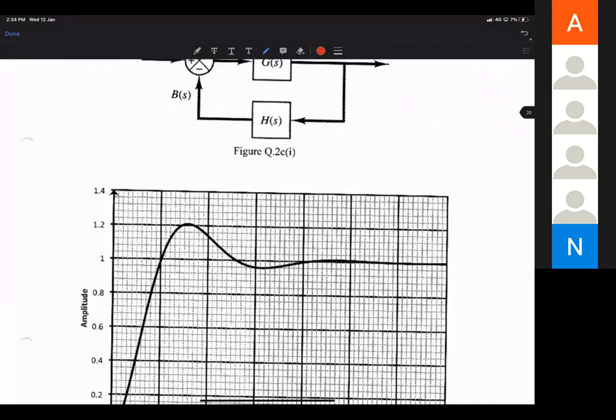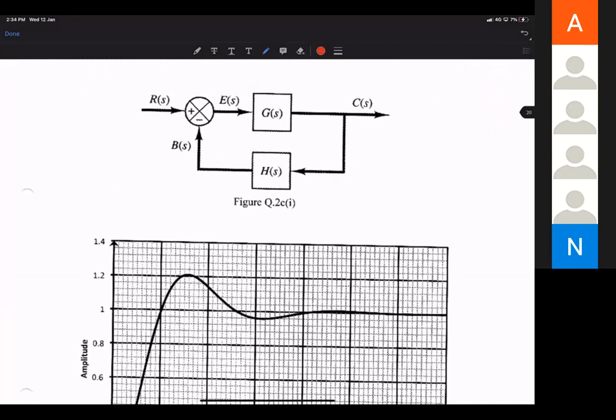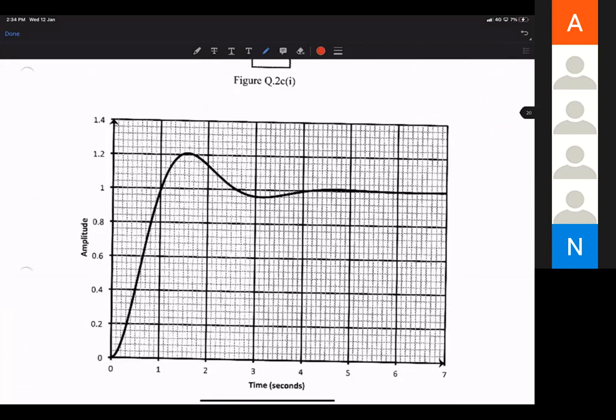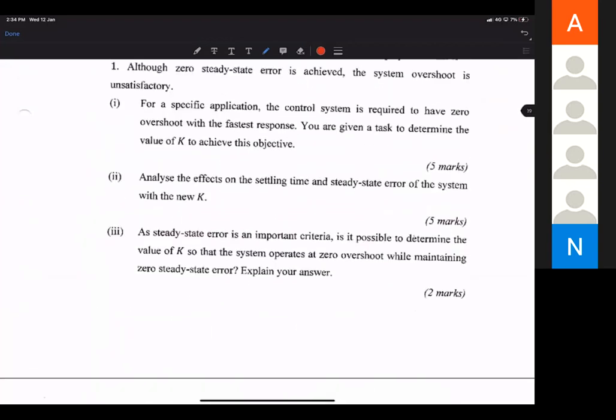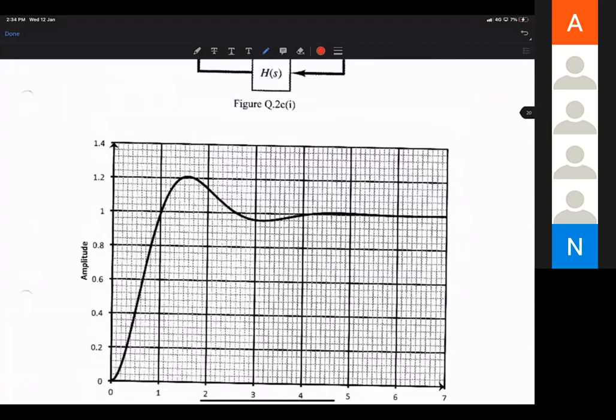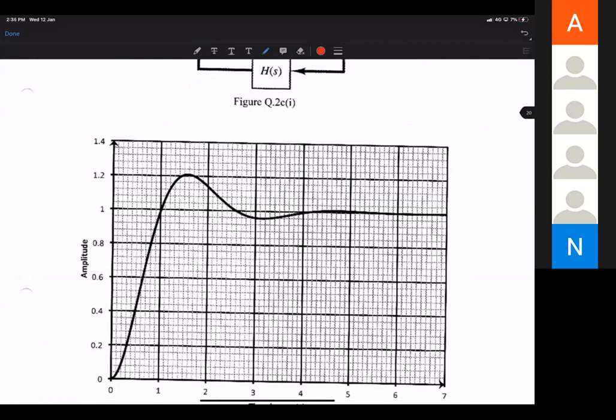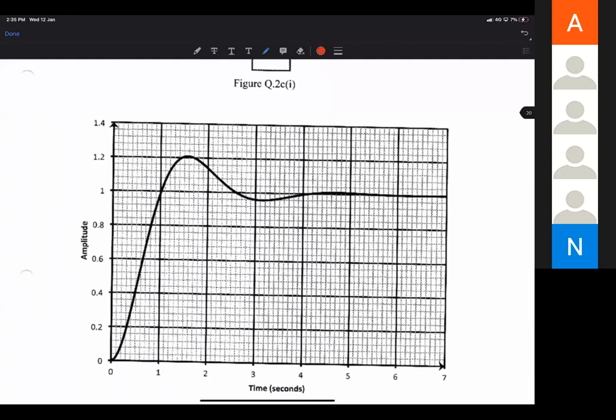C. Okay. You are given a block diagram and then you are given a time response. So this time response based on the assignment punya experience, first order ke, second order ke, third order?